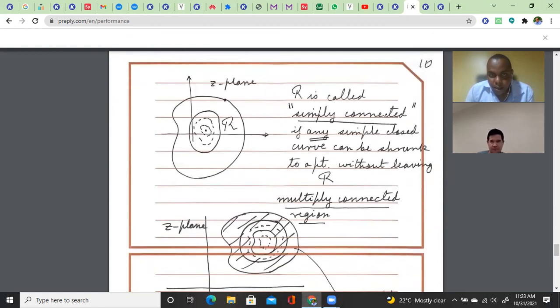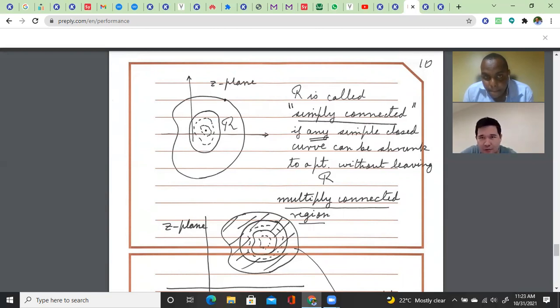The region R is called simply connected if any simple closed curve can be shrunk to a point without leaving R. Shrink means making smaller.